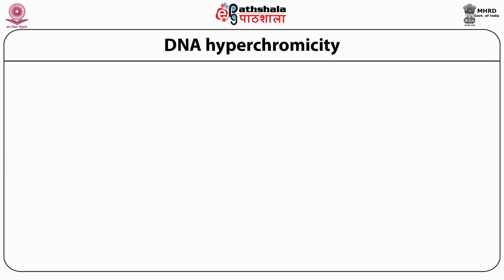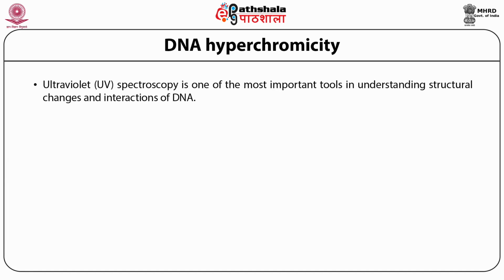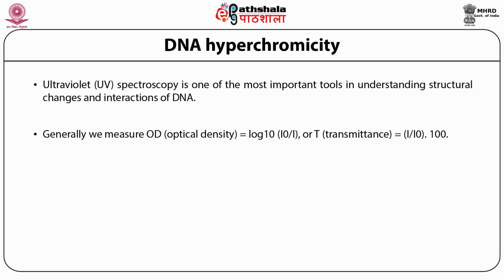DNA hyperchromicity. Ultraviolet UV spectroscopy is one of the most important tools in understanding structural changes and interactions of DNA. Generally, we measure OD, the optical density, as equal to log to the base 10 of I0 upon I, or we measure transmittance, which is I upon I0 multiplied by 100.